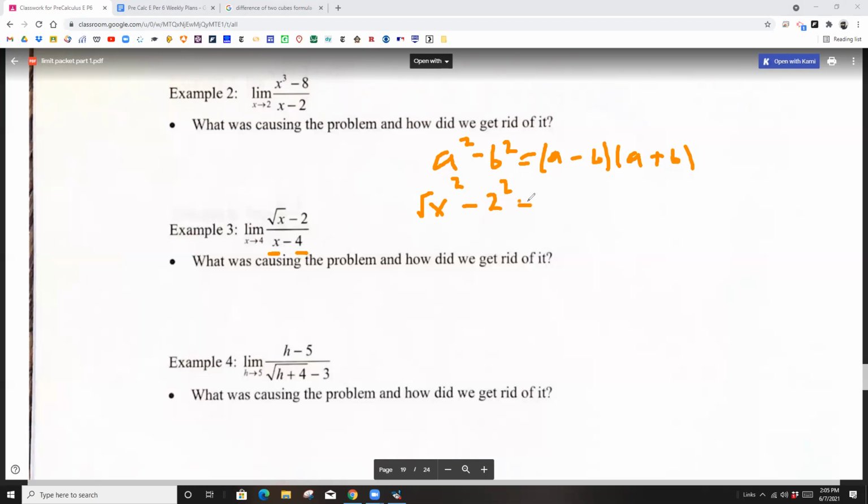And then you could factor it by rewriting the x as a square root of x, and you would get root x minus 2 times root x plus 2. And then that would solve our issue. That would cancel out the root x minus 2s. Now that's really hard to see. So I'm gonna give you another trick, but what I just explained works. It's fine if you notice that. But the thing I'm about to show you is more applicable to more situations, all right?